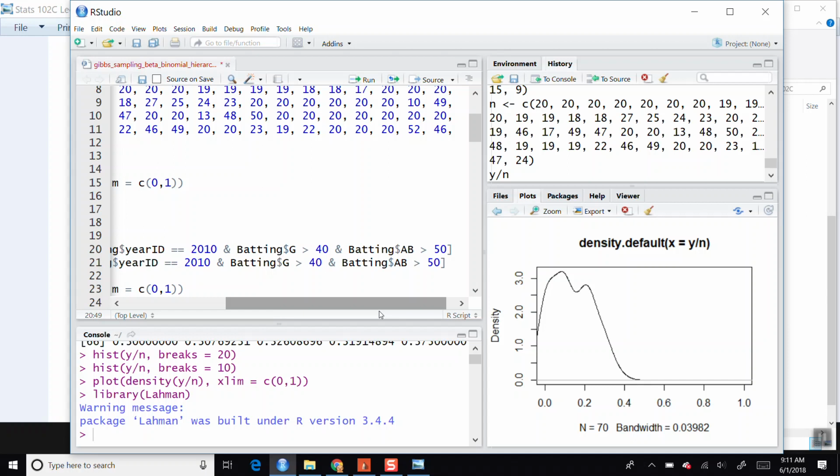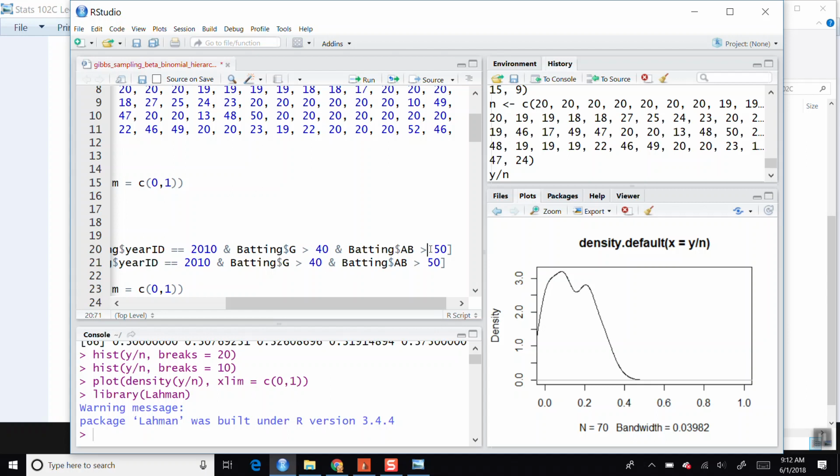So anyway, I just set some conditions so we get only batters. I said I only want batters who had over 40 games, and batters who had at least 50 at-bats, okay?